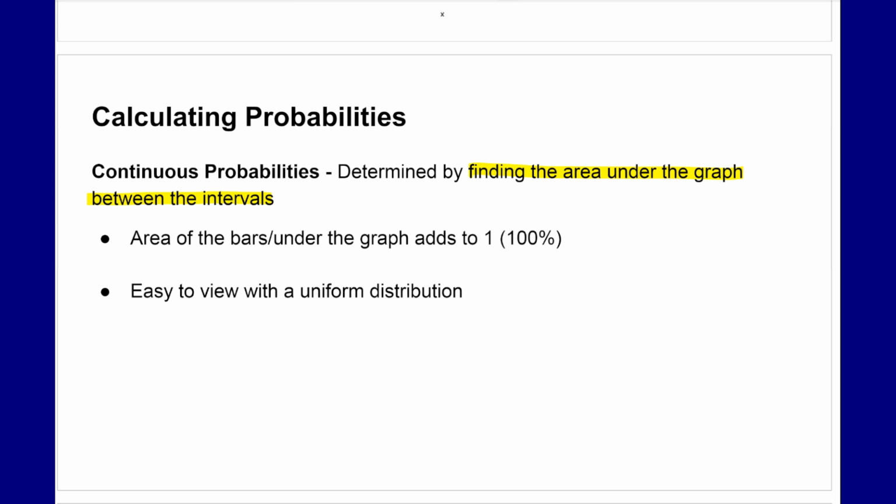For example, the area of the bars under the graph will add to 1 or 100%. It's really easy to visualize this with a uniform distribution, and that's what we're going to focus on today. So we're going to focus on continuous probabilities looking at uniform distributions.